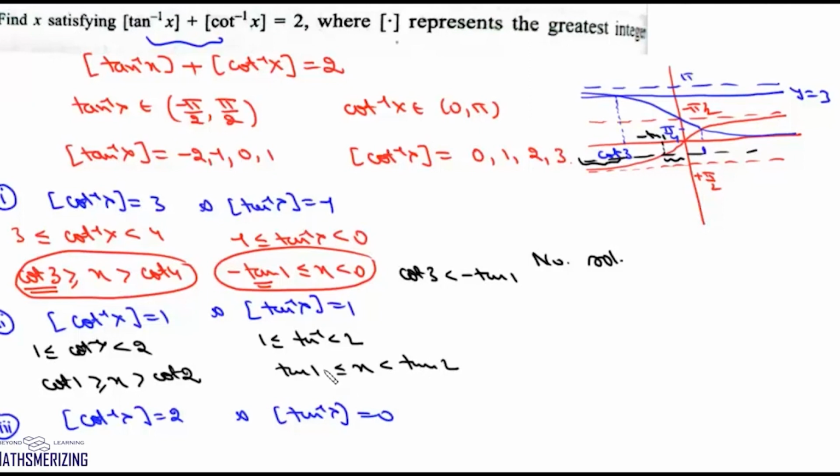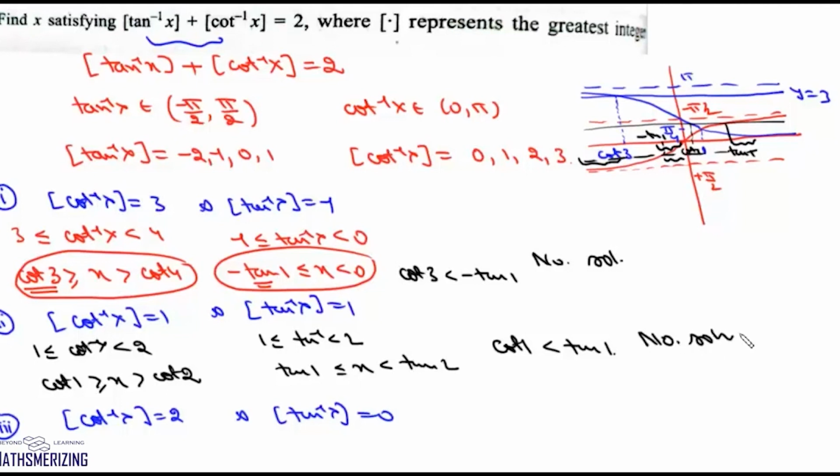Now we'll draw a line at 1. Here we'll get tan 1 and just before this one we'll get cot 1. So the value of cot 1 is less than the value of tan 1. So this first interval is from cot 2 to cot 1 and the second interval is from tan 1 to tan 2. There is nothing common again between the two intervals. So for this second case also we'll get no solution.